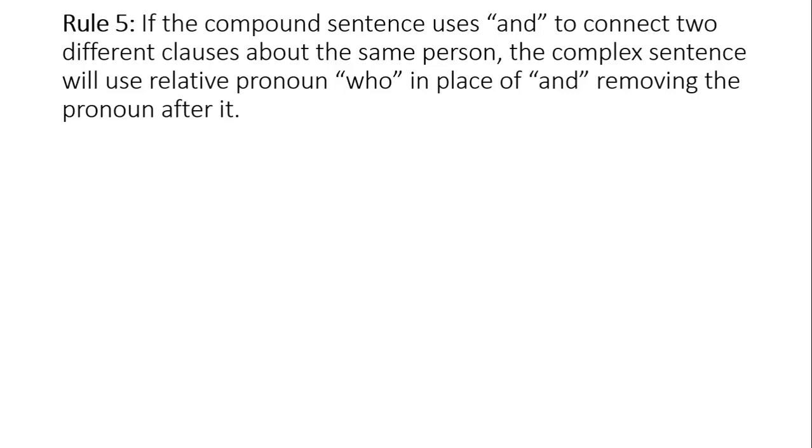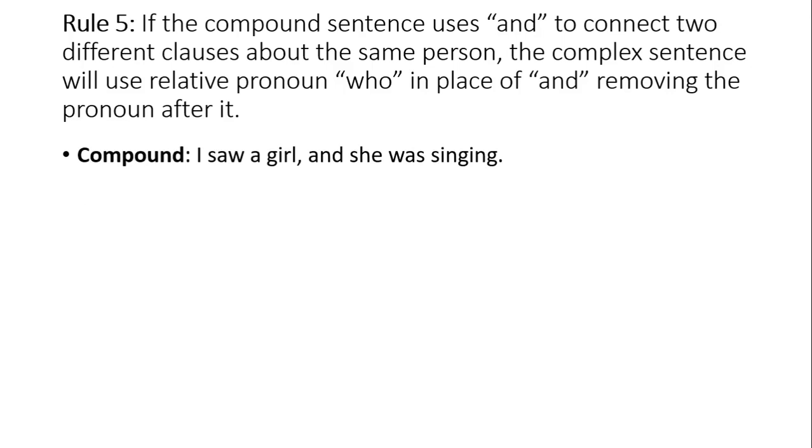So let's see the example. I saw a girl and she was singing. Now what are we going to do? Firstly, we are going to remove and and write down who.